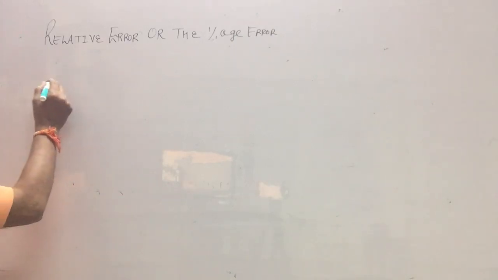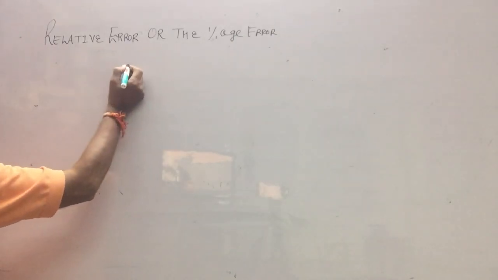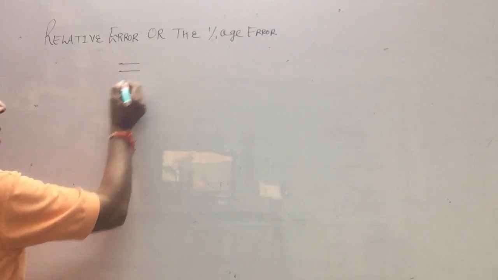Relative error is the ratio of mean absolute error. Relative error or percentage error is equal to the ratio of mean absolute error.